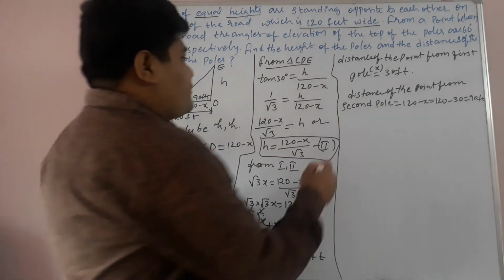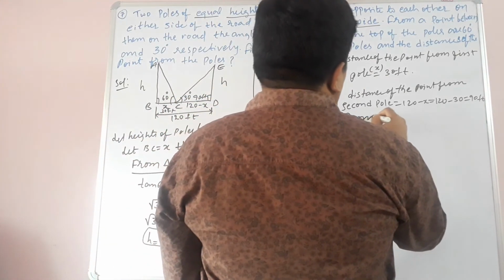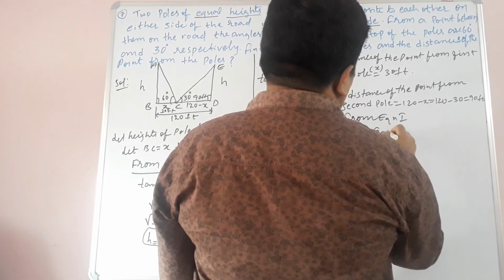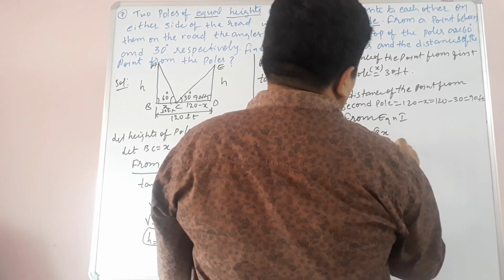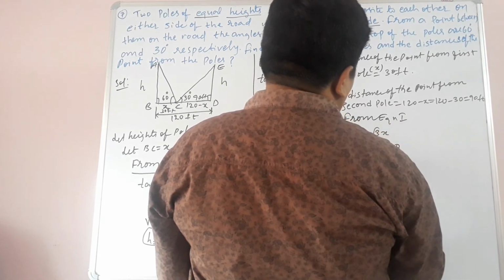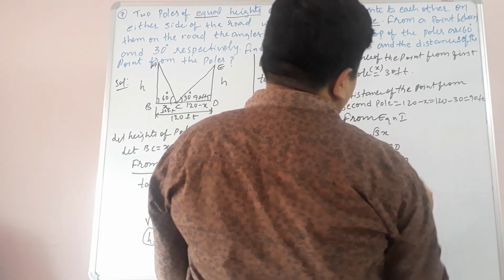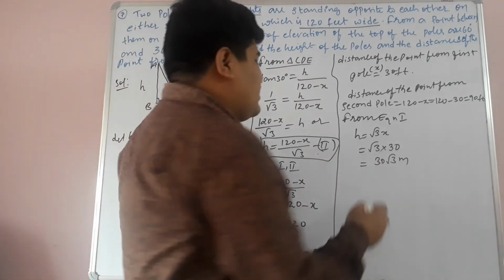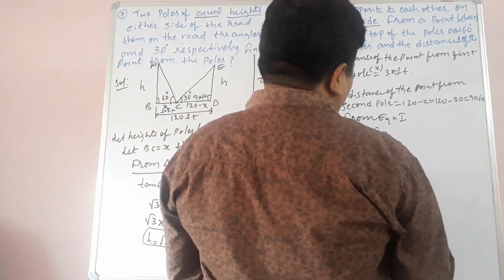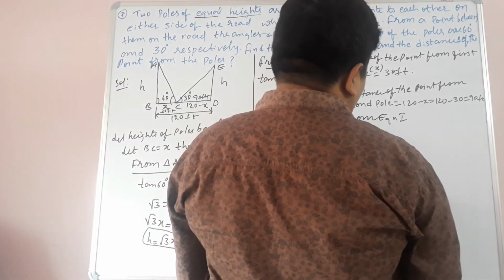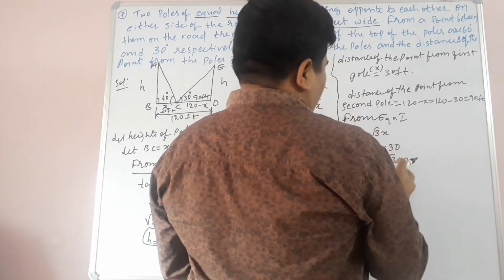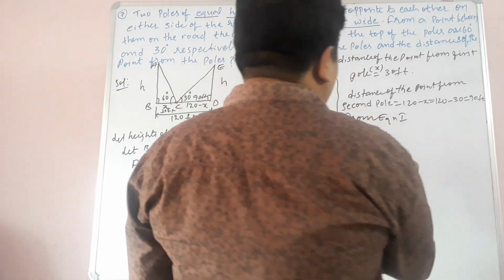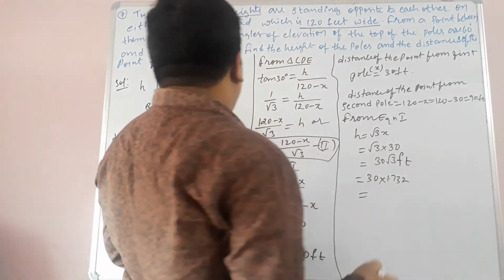So from equation 1, h is equal to root 3x, that is equal to root 3 into the x value 30, that is 30 root 3. Children, if you want to simplify, take root 3 as 1.732, so that is 30 into 1.732. Here I told 30 root 3 meters, that's wrong. Actually 30 root 3 feet, because this measurement is given in feet.